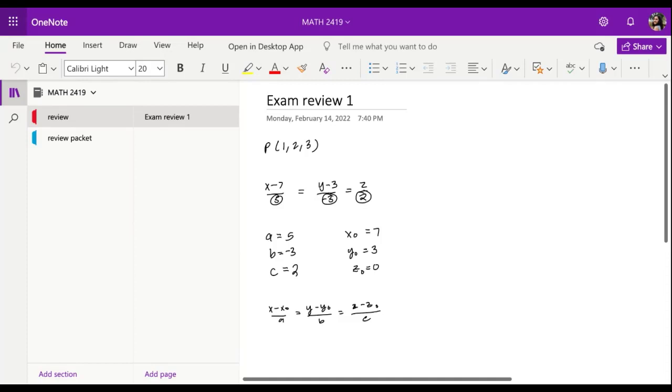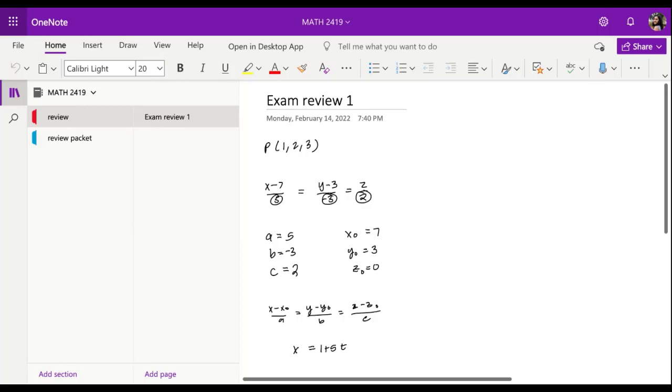Yes, okay, cool. So then we know that we can split this up into 3 different parametric equations. So we have x equals 1 plus 5t, because our coefficients are the ones in the denominator.